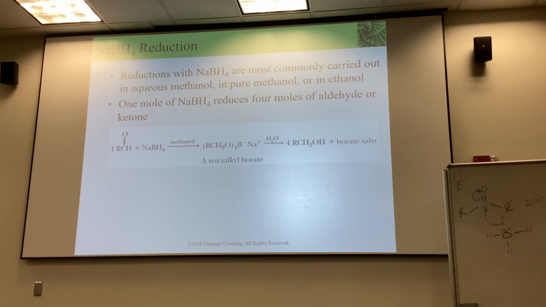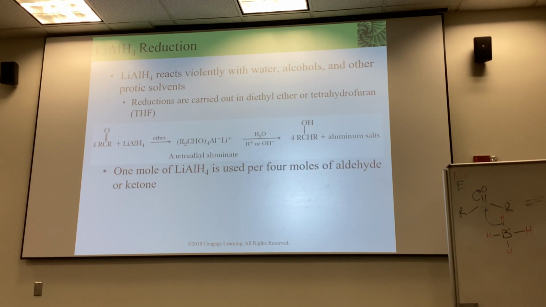When we're talking about a ketone or an aldehyde, these guys are interchangeable, NaBH4 and LAH, except with LAH, you can't let there be any water or alcohol or anything protic in there, which also means you can't have an acidic hydrogen on your molecule.